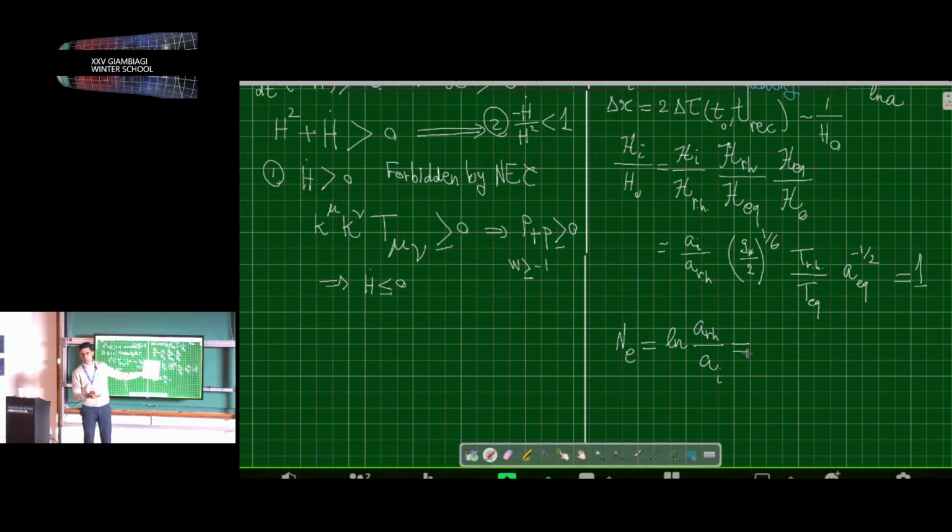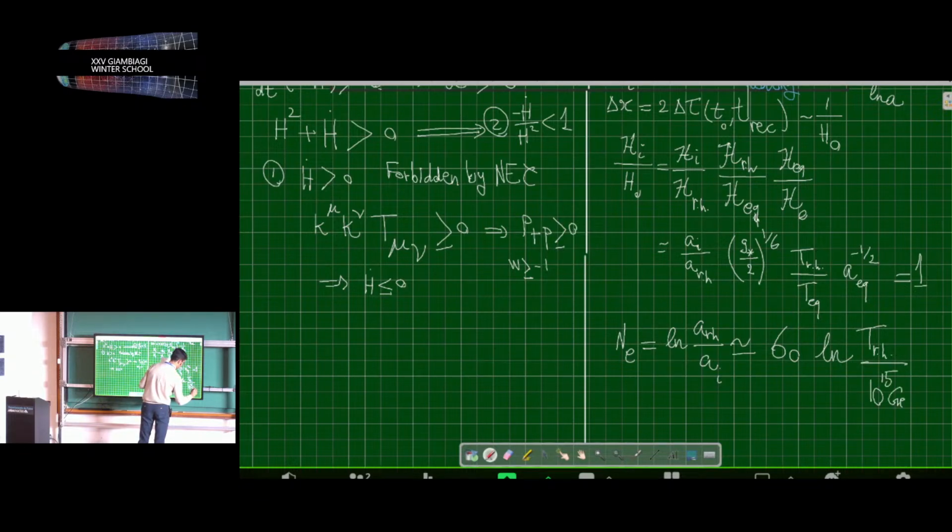Now if you plug in numbers in here, using whatever T_reheating you like, you get something which is approximately 60 times the log of, so now I'm writing the general expression for a general reheating temperature, the log of T_reheating divided by 10^15 giga-electron volt.